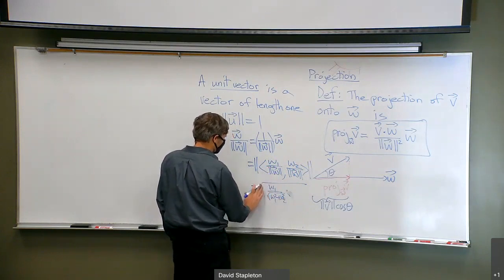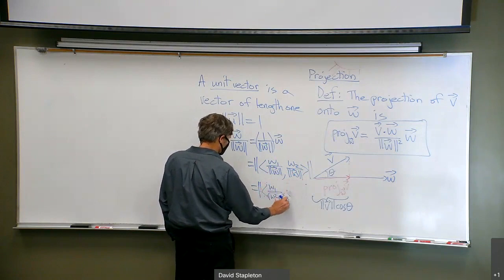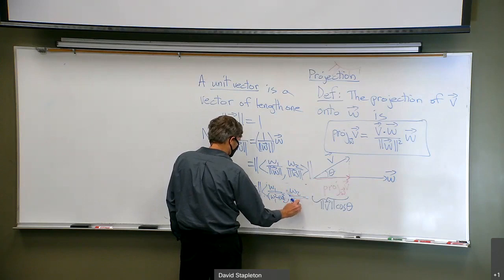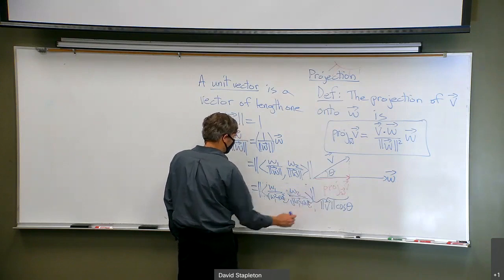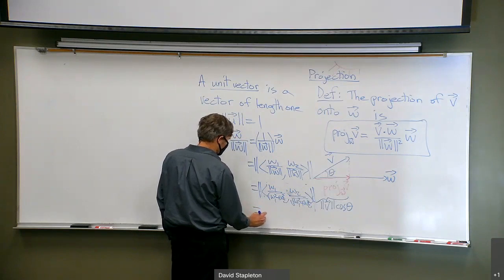Let's do one more here. Say this is the length of the vector with these components, W2 over the length of W1 squared plus W2 squared. So it's the length of this vector. But now that's the root sum square of those things, right?